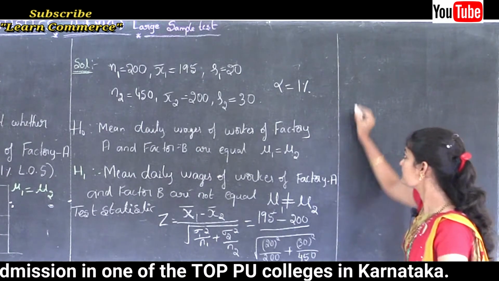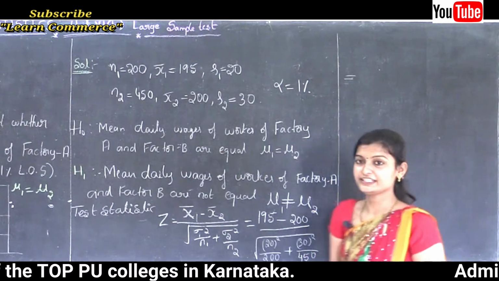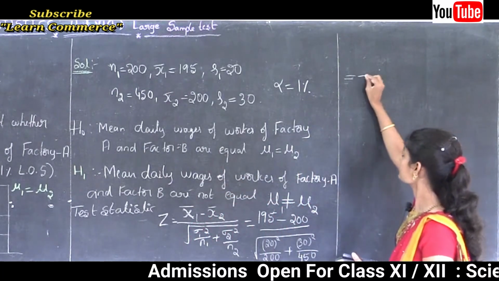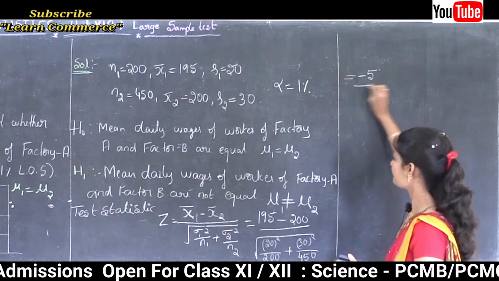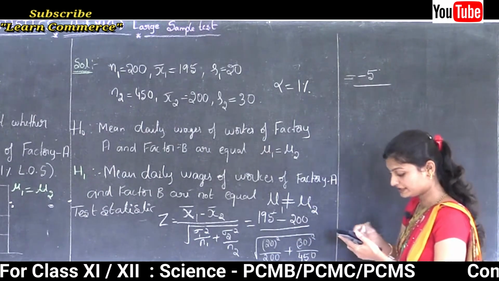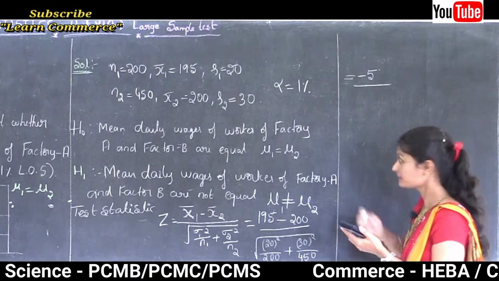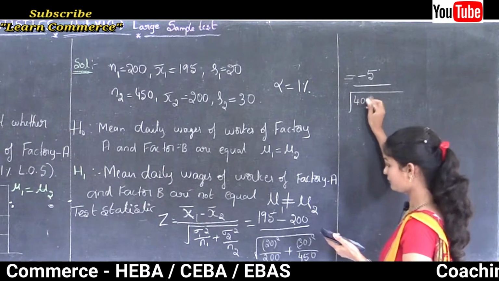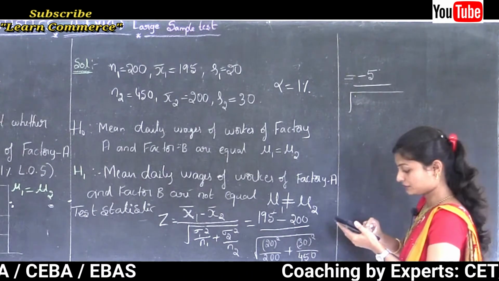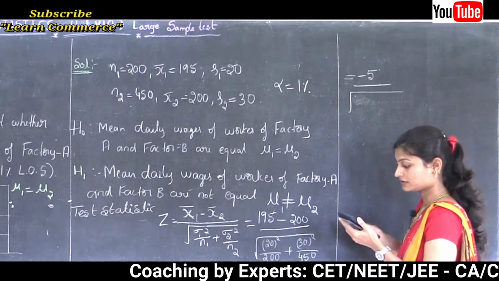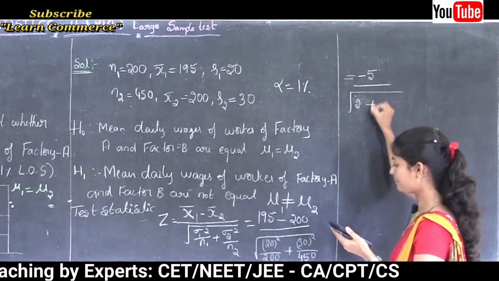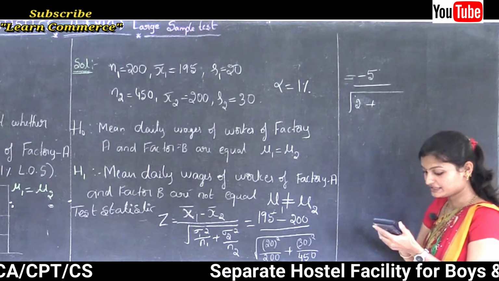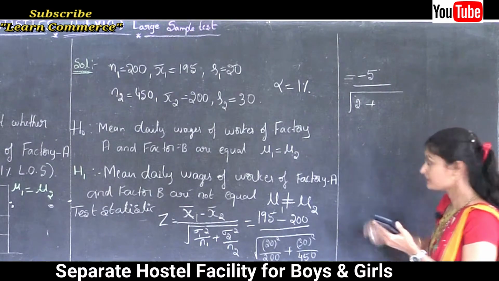Okay. This is equal to 195 minus 200, that is minus 5, divided by the square root of 400 divided by 200, that is 2, plus 30 square, that is 900, 900 divided by 450, that is 2.